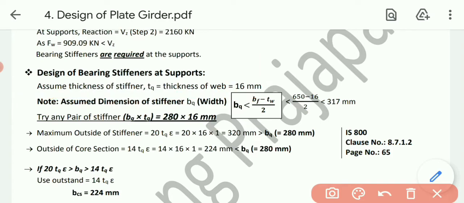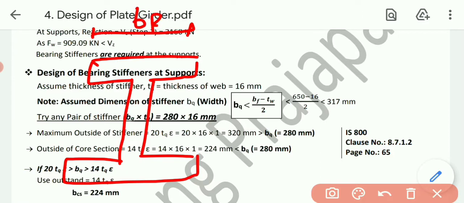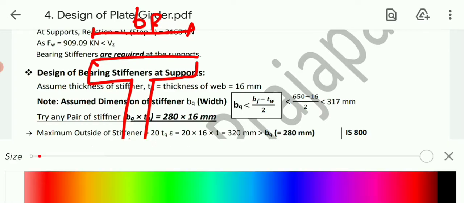Then let's talk about its width. First we need to find how much space is available for the stiffener. This one is our BF, the width of flange, and this one is our TW, thickness of web.